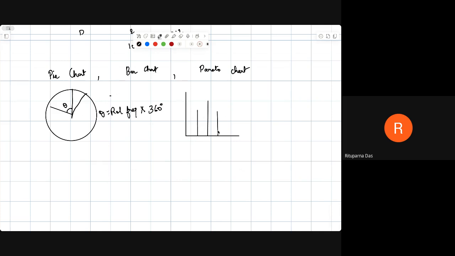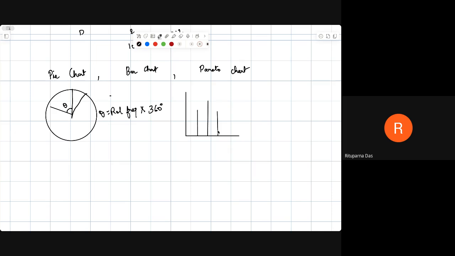The x-axis has the category, and the y-axis in the bar chart can represent frequency or relative frequency. In a Pareto chart, when the frequency is sorted for a bar chart, then it is a Pareto chart. So for a Pareto chart, the bars will be either in ascending order or in descending order. So this is how we describe the categorical data.